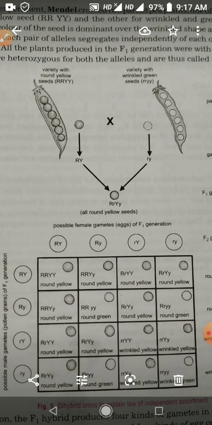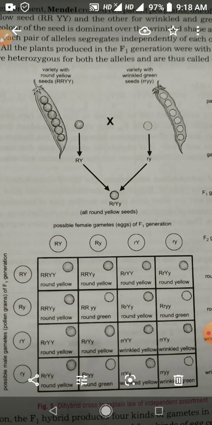Like this, a cross between yellow and green seed produces 3 yellow and 1 green. It means yellow is dominant and green recessive: 3/4 yellow, 1/4 green. Like this, round is dominant, wrinkled is recessive. So ratio between round and wrinkled is 3:1, dominant round 3/4 and wrinkled 1/4.